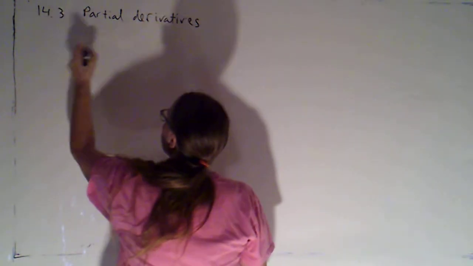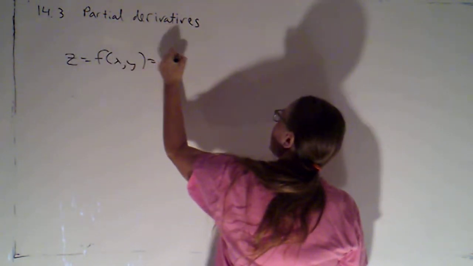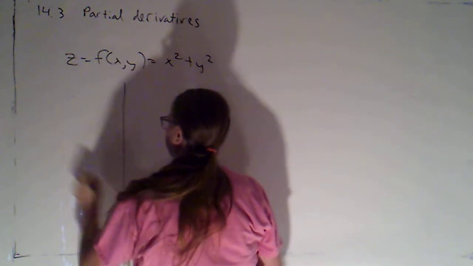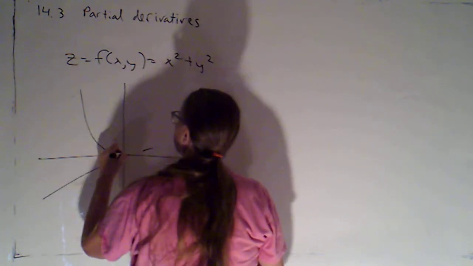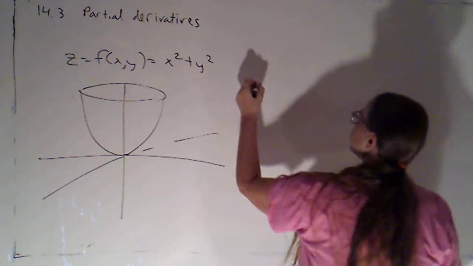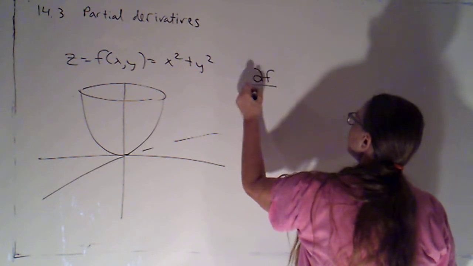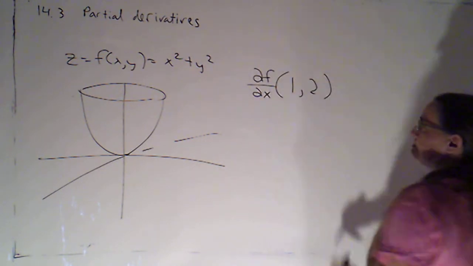So let's go with z equals f of x, y equals x squared plus y squared. So that's my lovely paraboloid. And let's say I wanted to calculate the partial of f with respect to x at the point 1, 2.